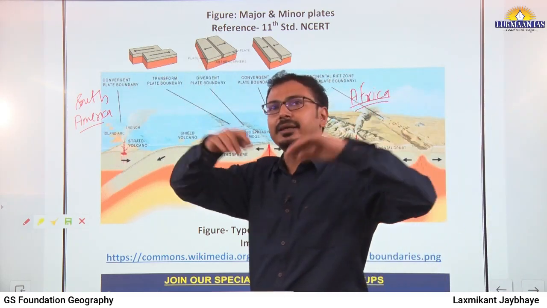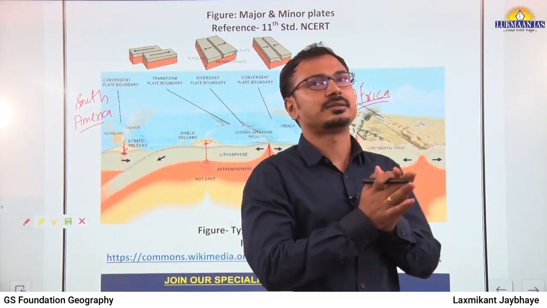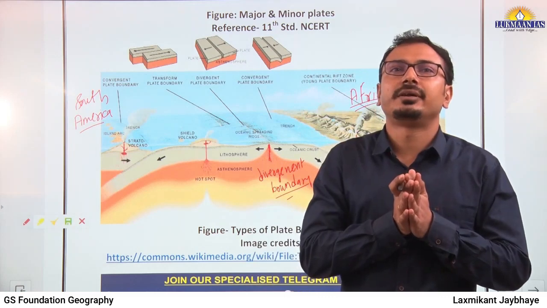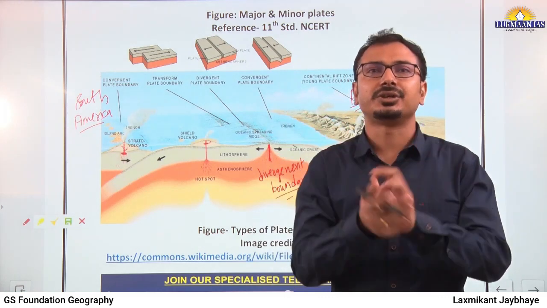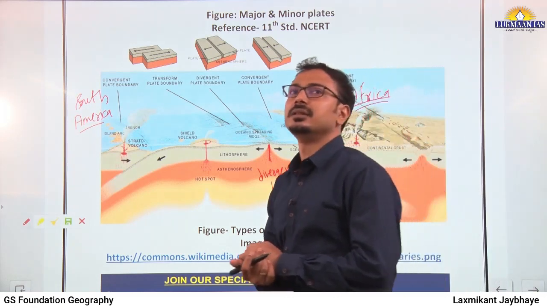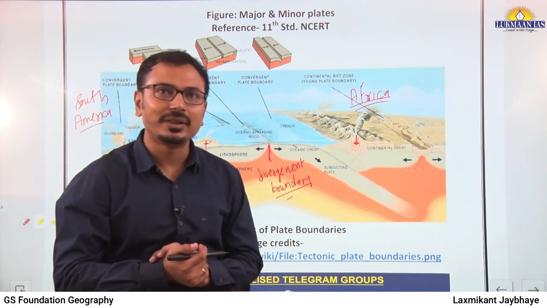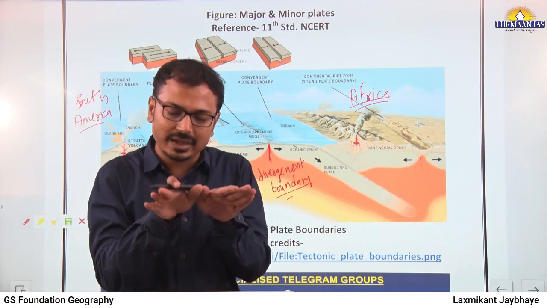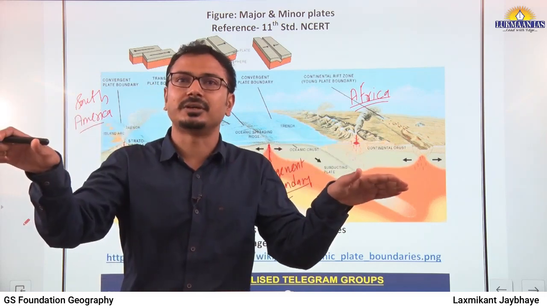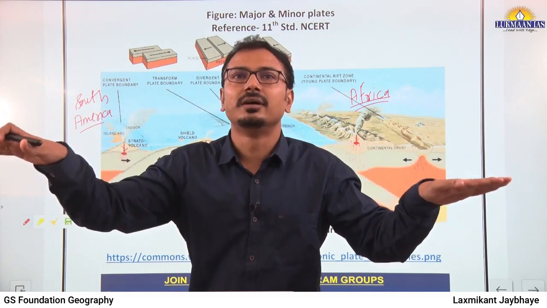Imagine what happened in the past. The African landmass and South American landmass were near each other, and the boundary between them was a divergent boundary. That means these plates were moving away from each other.